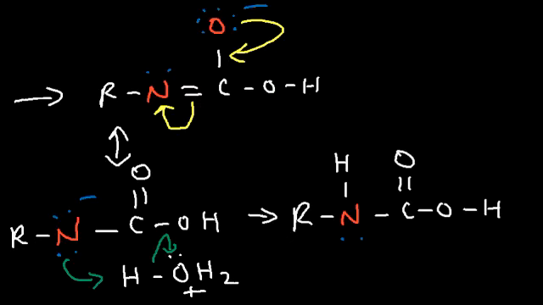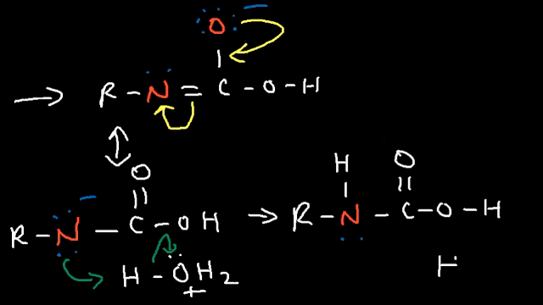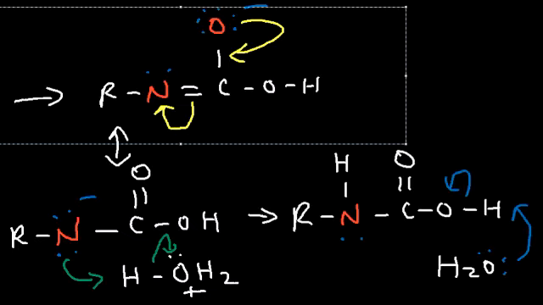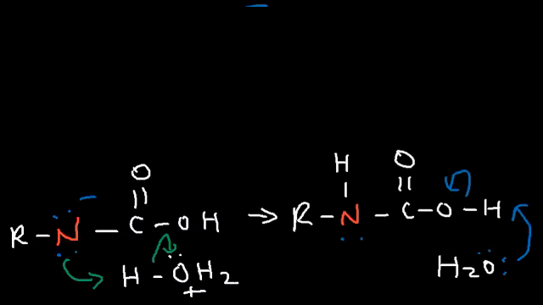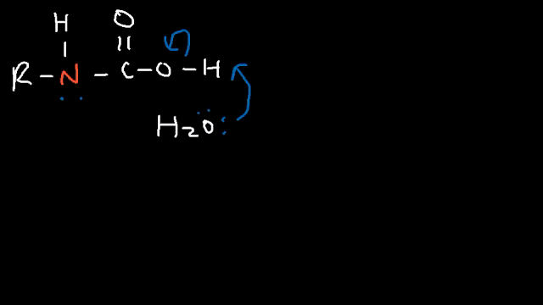Now water is basic enough to remove a hydrogen from a carboxylic acid functional group. So water is going to take away this hydrogen. So now we're going to have a deprotonated carbamic acid functional group.